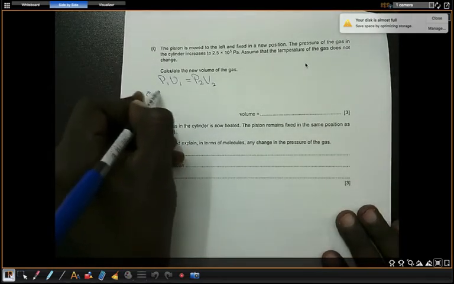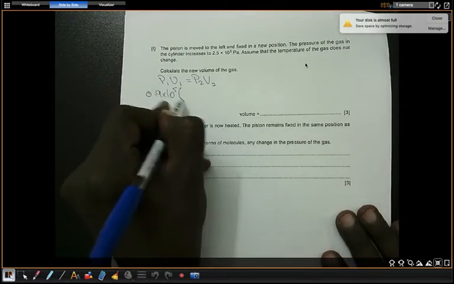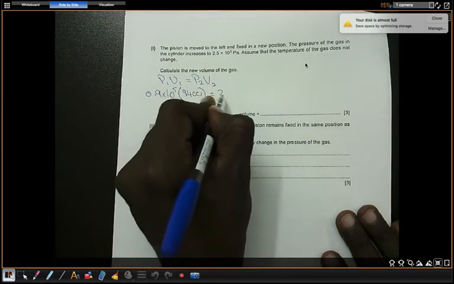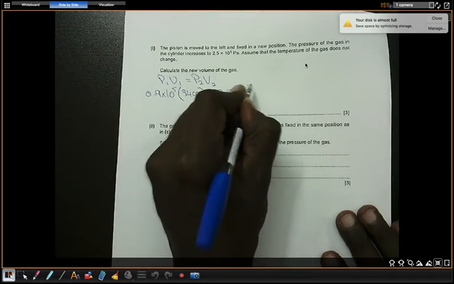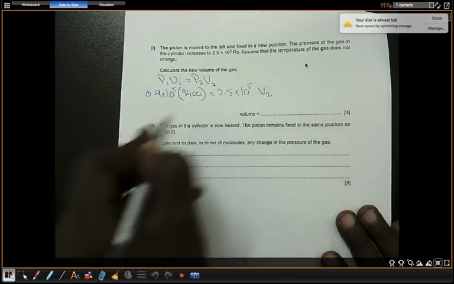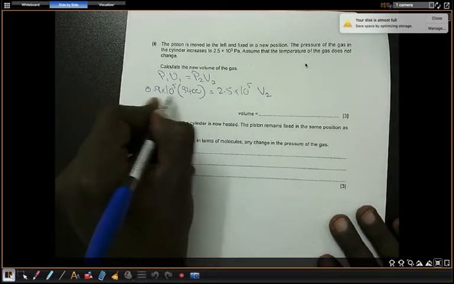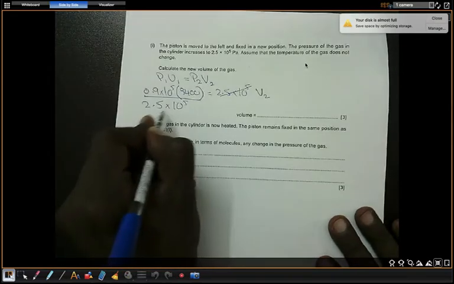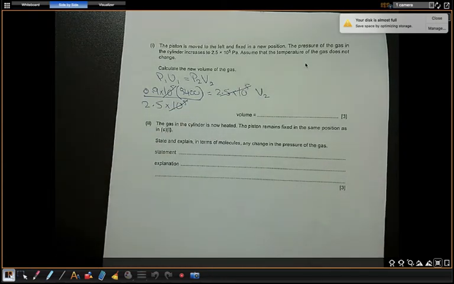P1 is 0.9 times 10 to the power of 5. V1 is 3,400. P2 is 2.5 times 10 to the power of 5. V2 is over here. So we're going to divide by 2.5 times 10 to the power of 5 to cancel out this. These two, they cancel out. And use your calculator to find the final answer.